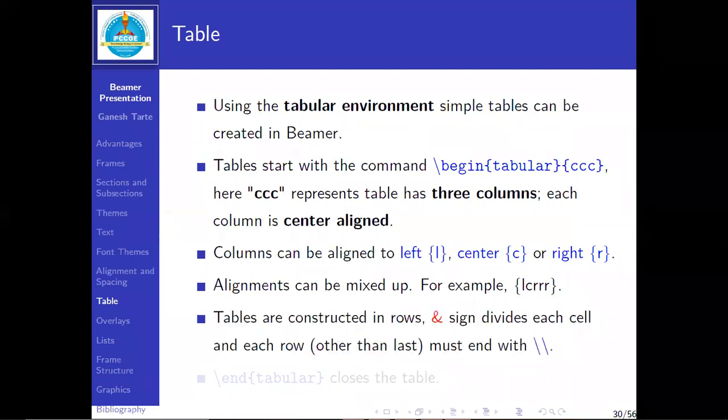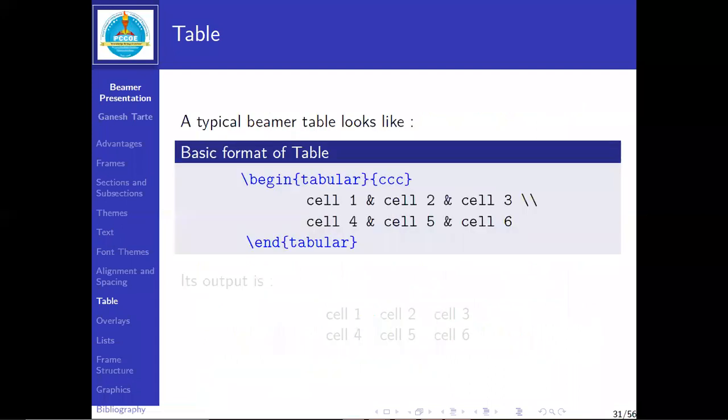The table is constructed in row form, and the ampersand sign divides each cell, and each row other than the last must end with a double backslash. Whenever we end a row, we have to add this double slash. No need to add the double slash at the last row. And finally, we end the tabular to close the table. The typical Beamer table looks like this.